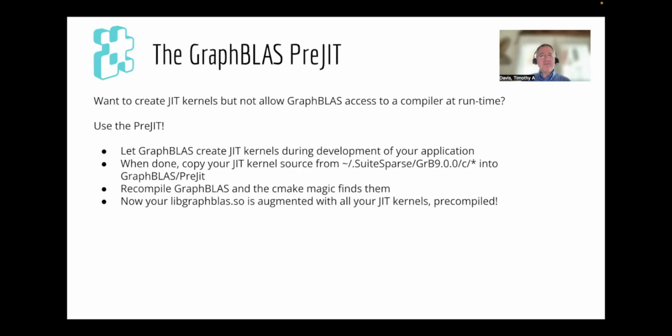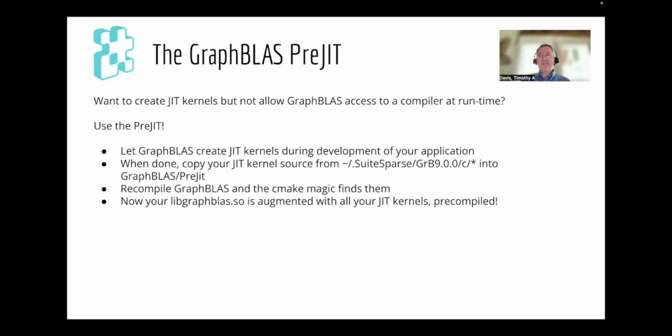You take all those C files that you find there, or some of them, whatever you like, copy them back into the GraphBLAS main source in a folder called PreJIT. Rebuild GraphBLAS, and that's it. The CMake magic will find them and embed them now as pre-compiled kernels, pre-JIT kernels, into libgraphblas.so. It's been augmented by those JIT kernels for your application, all pre-compiled.